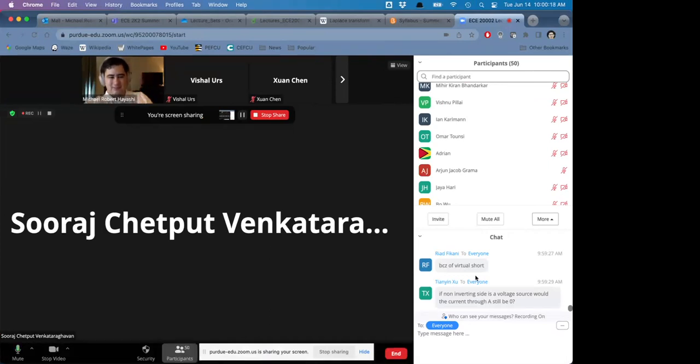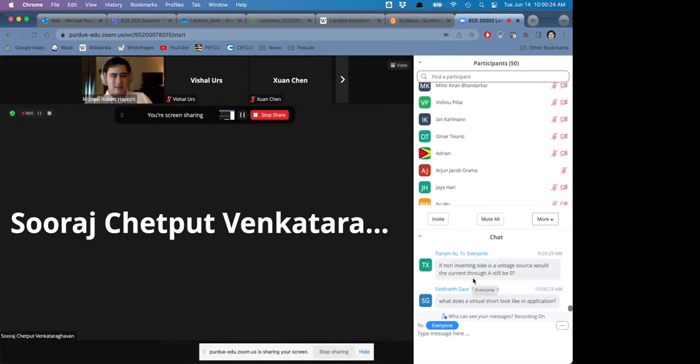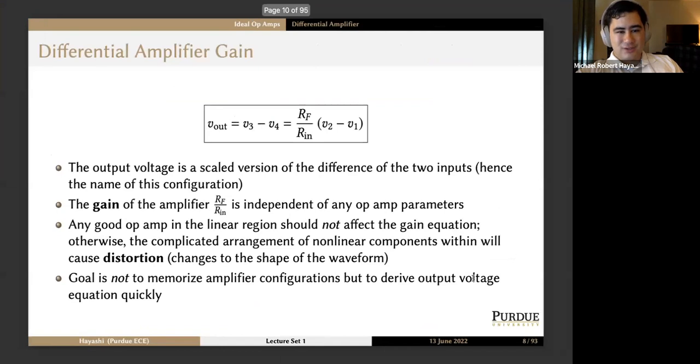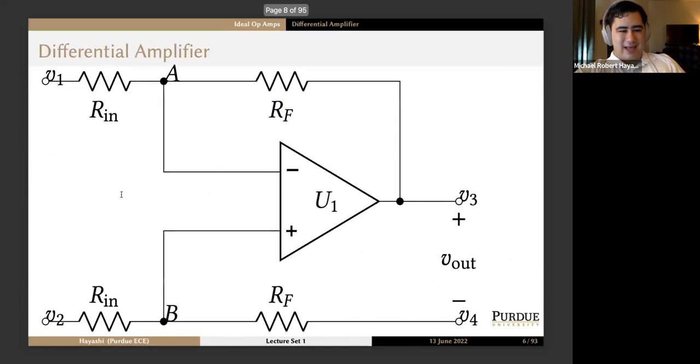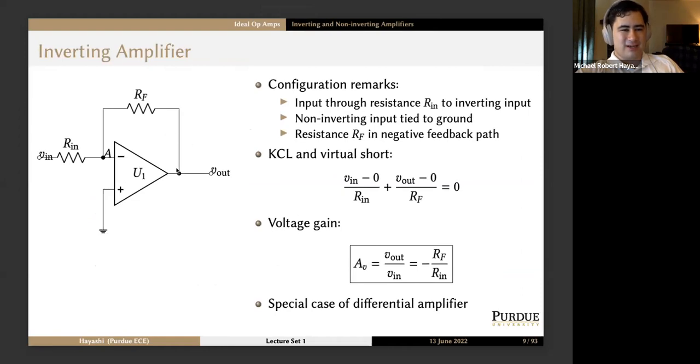I have a question. Is there a reason we use the virtual short? Is it useful, or is it just something we do because it makes calculations easier? It's useful. It's real, in the sense that, as much as any amplifier is ideal. We say that we have a virtual short causing the terminals to be the same potential because every configuration we study has a negative feedback path. The reason is basically, if this truly has infinite gain, then any difference between these terminals would produce an infinite voltage output.